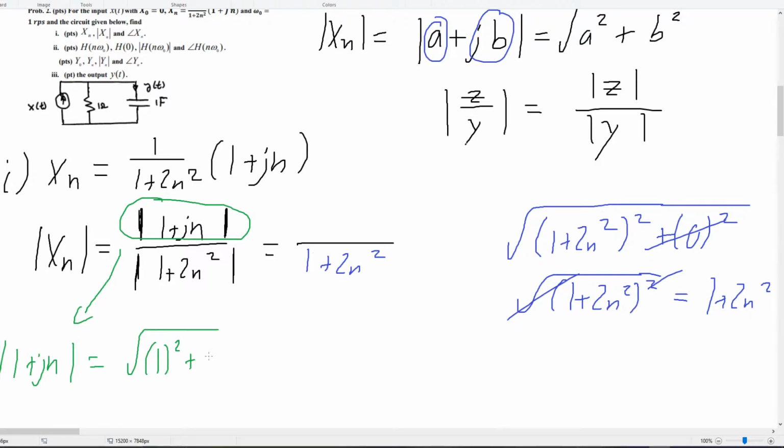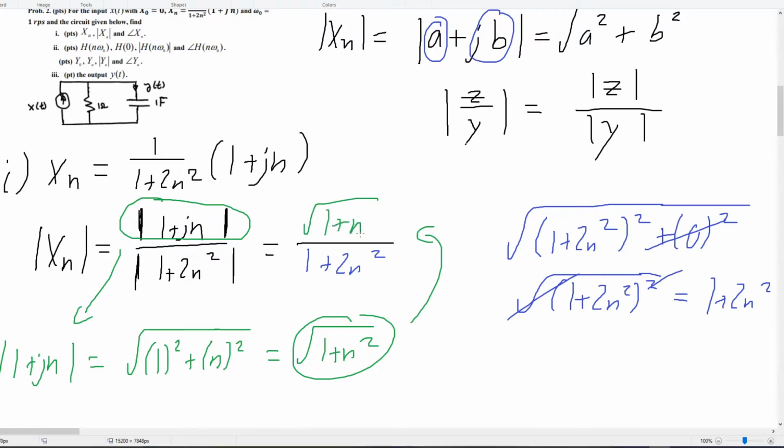1 squared plus n squared, right? So that will be equal to the square root of 1 plus n squared. Simple as that. You don't have to do any simplifying after that. This is just the square root of 1 plus n squared. So this will go to the top over here.